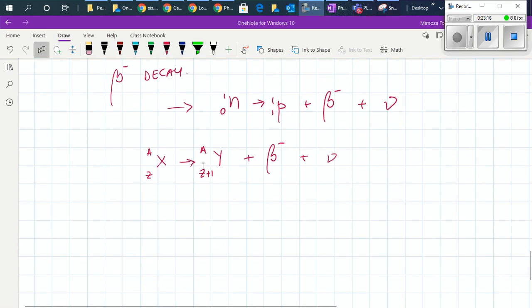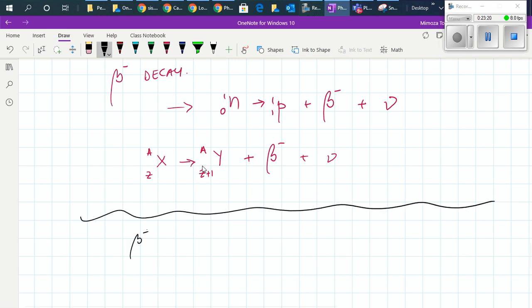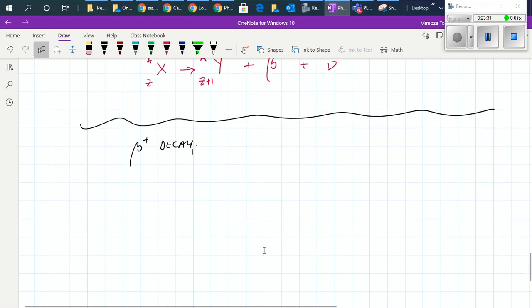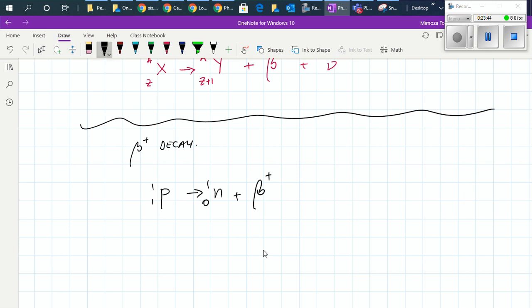And when we have a beta positive decay, it is the transformation of a proton into a neutron and a beta positive. So proton 1 1 is transformed into a neutron 0 1, a beta positive, which you can say positron or electron plus 1, and a neutrino is produced.